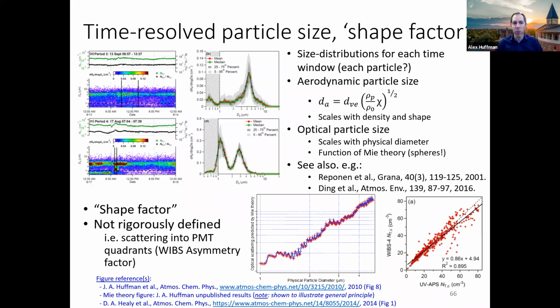Some of these instruments also provide something close to a shape factor. It's not usually rigorously defined in the same way it is in some places, but you can learn a little bit by the asymmetry of how the light scatters about approximately whether it's spherical or not. And I think that's all I'm going to say here. So move on to the next slide, please.